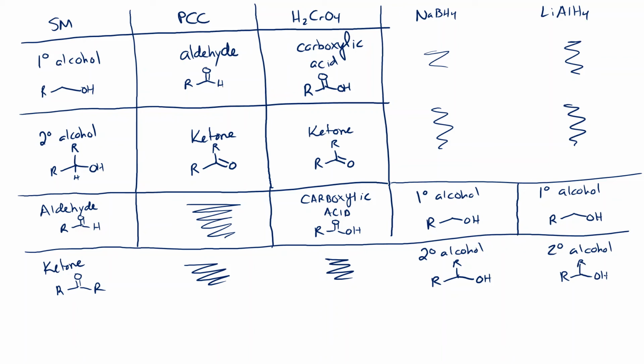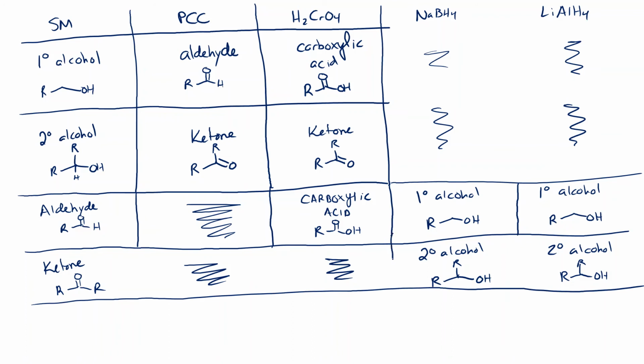And in both cases, we end up with a secondary alcohol. So far, we have two reactants, sodium borohydride and lithium aluminum hydride, that give us the same product, right? If we reduce an aldehyde or if we reduce a ketone, we get the same thing.